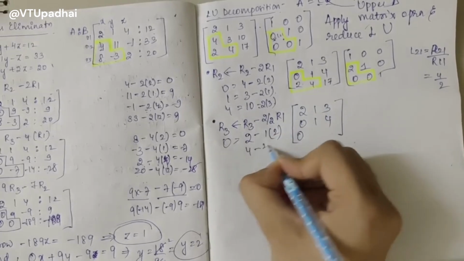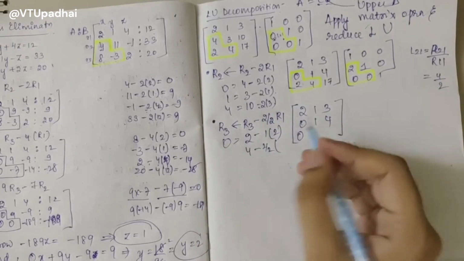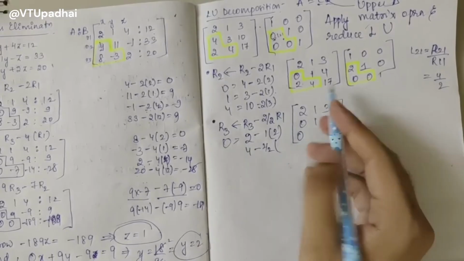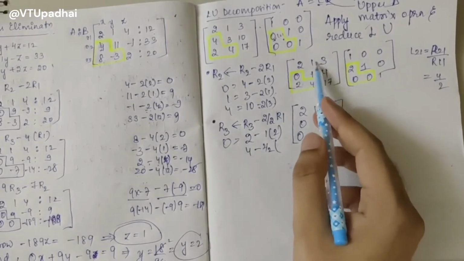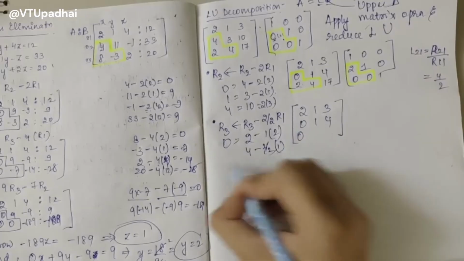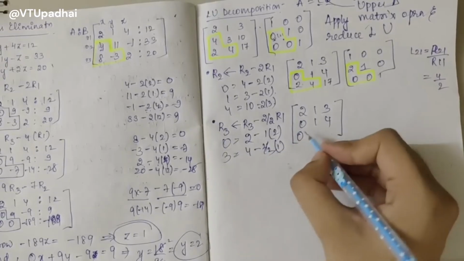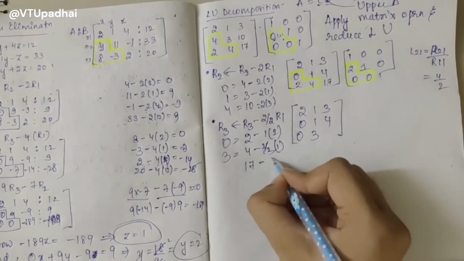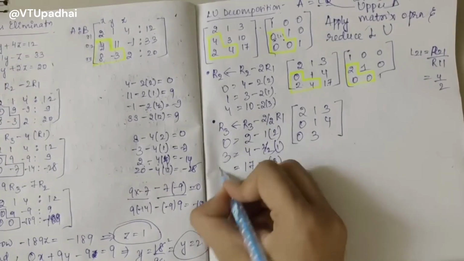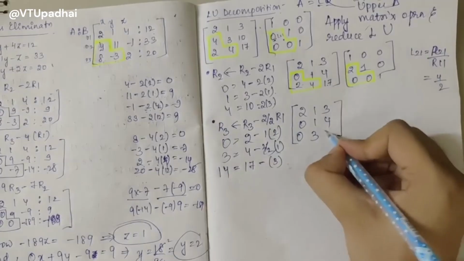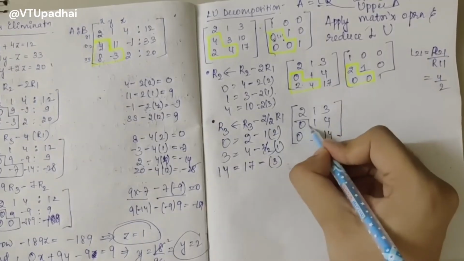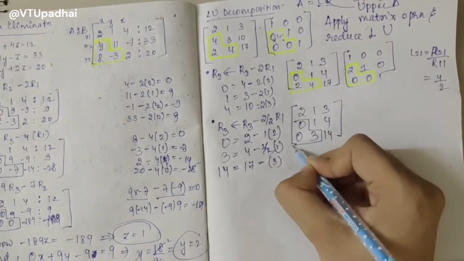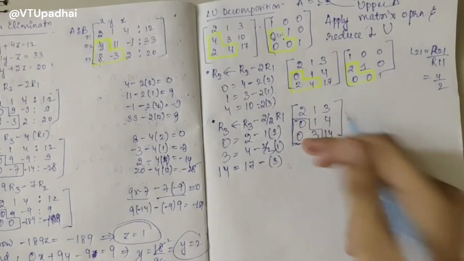Next I have 4 minus 2 by 2 of 1, that is 3 here. And then I have 17 minus 3, I get 14 here. So I am done with changing the value of the second number here.